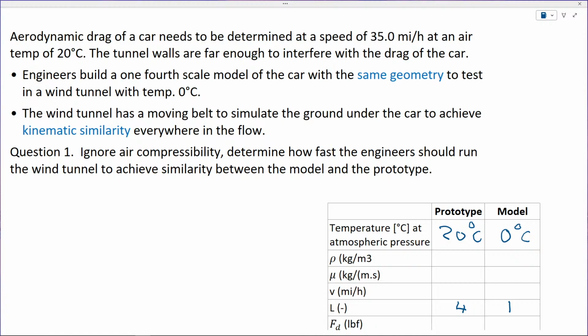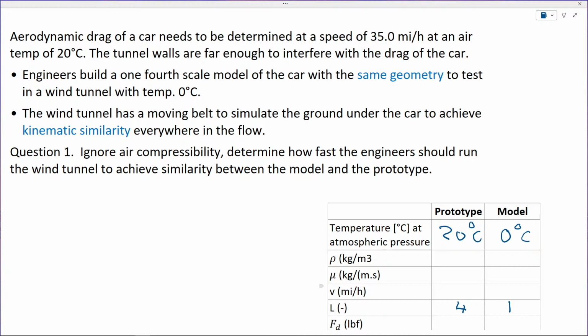So now the question is, ignore air compressibility, ignore that the air gets compressed. Determine how fast the engineer should run the wind tunnel to achieve similarity between the model and the prototype. So this is the geometric scaling. Now we want to see how much velocity we need in the wind tunnel to scale with that velocity that's given here.